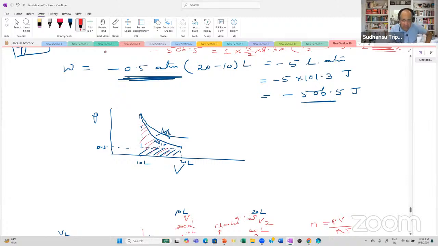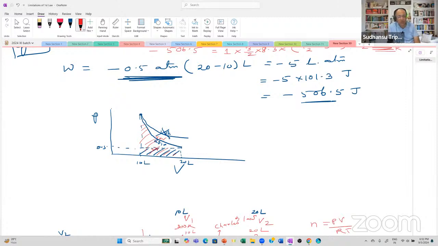So the work done in this is reversible, this is irreversible. The work done in reversible expansion is much greater than the work done in irreversible expansion.